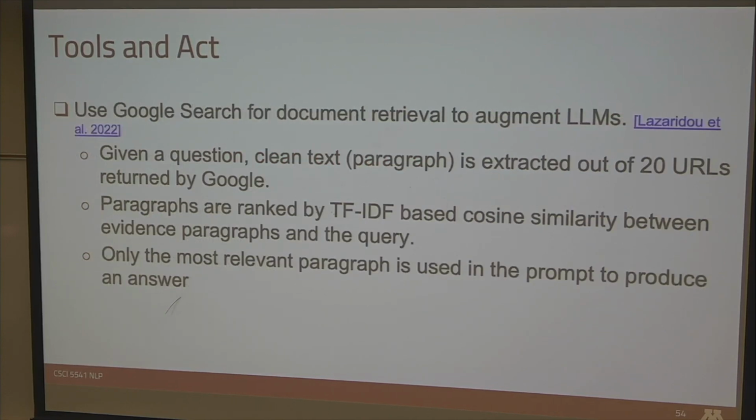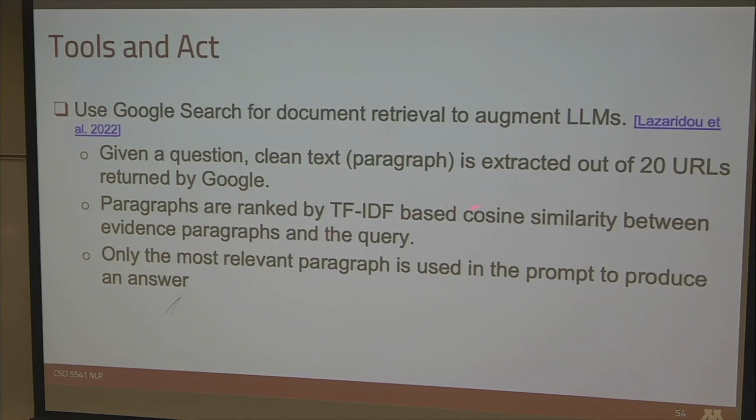So the very first paper that did this used the Google search engine. Given a question, like a prompt, they just called the Google search engine and retrieved the top 20 results. And then they filtered these returned results by TF-IDF metrics. But of course, you can use another language model to do some preference ranking.